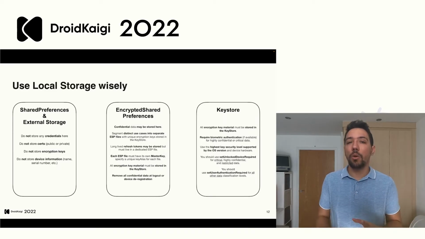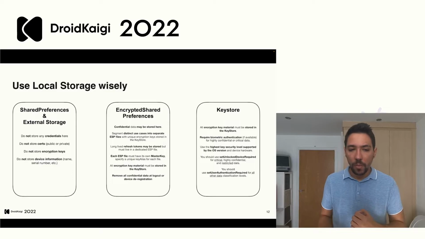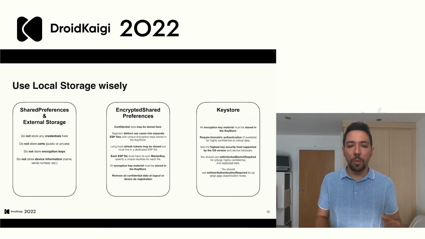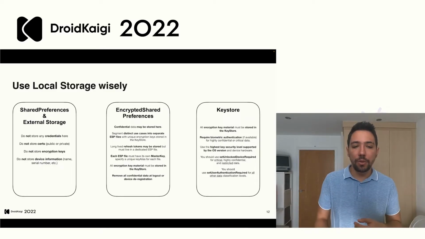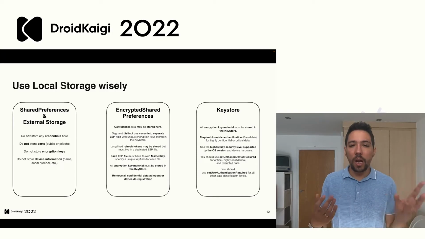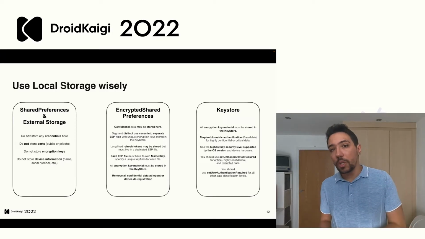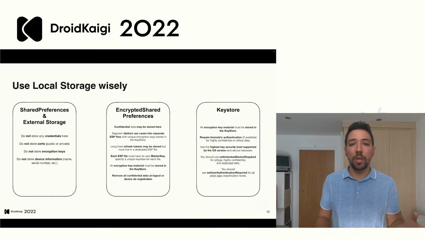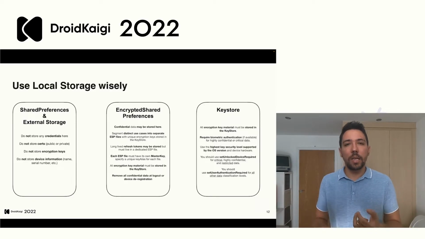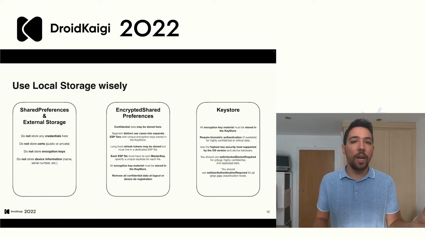So never store encryption keys on shared preferences or external storage. And you should not be storing any device information such as serial numbers or name or anything like that. You could store things that are not secure, like settings, or things that it's okay for any attacker to find out.